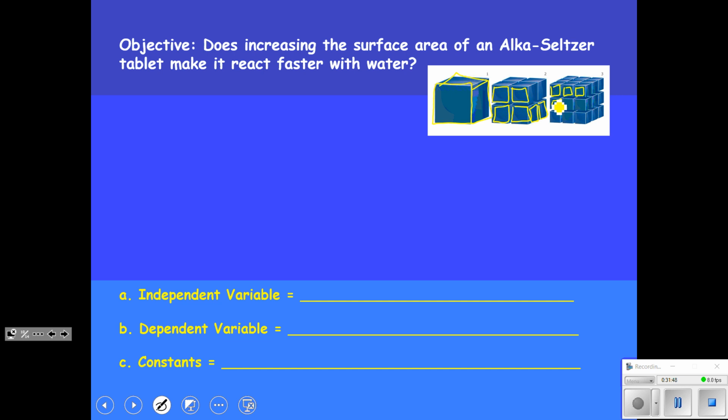So if this is an Alka-Seltzer tablet and it's whole, then you only have the surrounding molecules that have access to the outside environment. However, if you take that tablet and you break it in half, then you've got more molecules that are exposed to the outside environment.